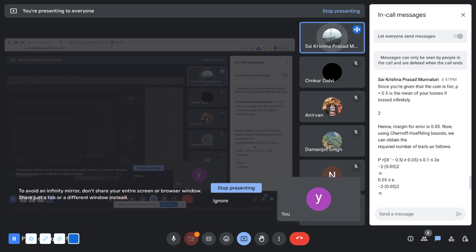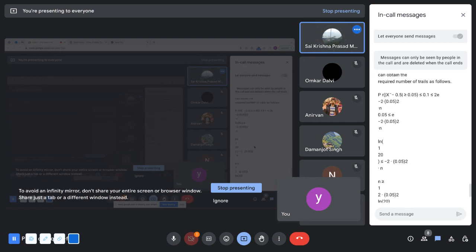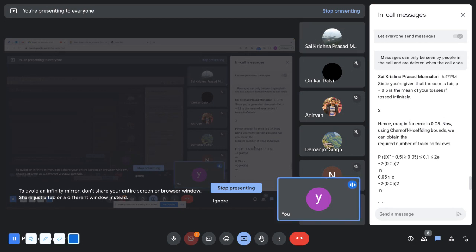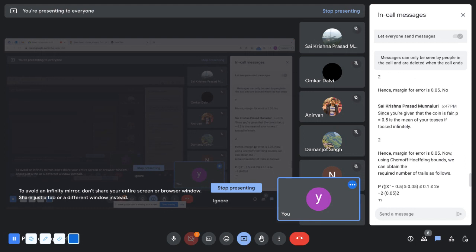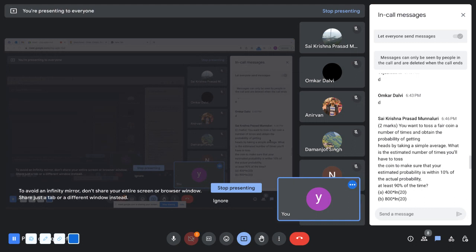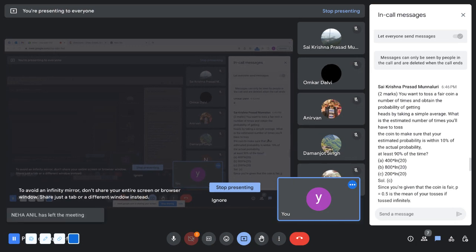That 0.05 is the margin. Is that what they have given in the solution? Yes, in the solution they've given that. So let me try. You're tossing a fair coin, that's why your P is 0.5, right?